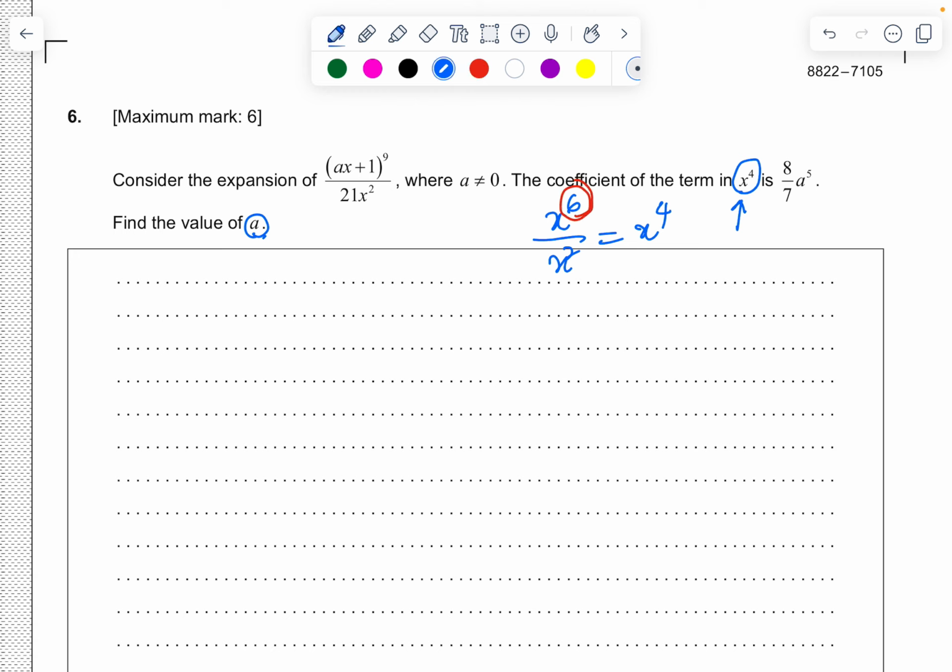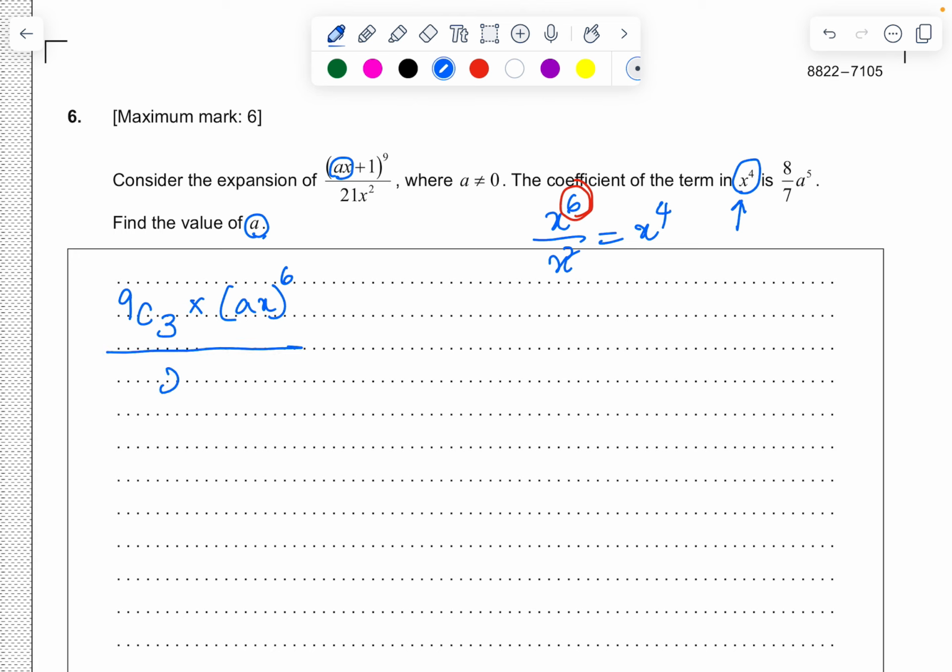Okay, so if the first term is 6, the r will be 9 minus 6, which is 3. Again, we have a 1, we can basically ignore it.